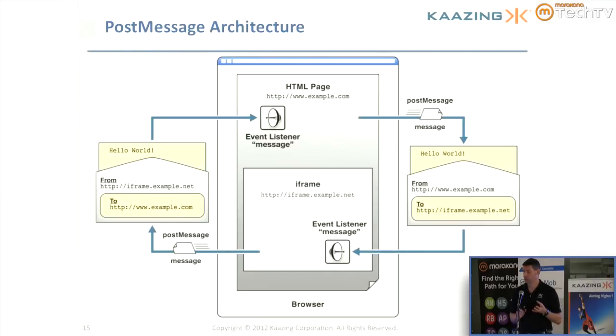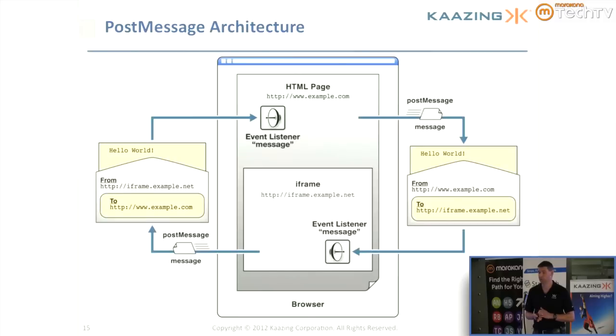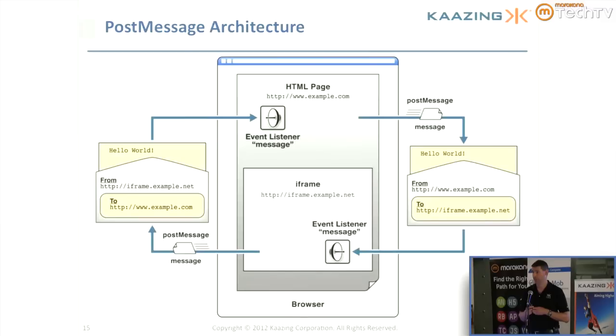So the PostMessage architecture is, you use PostMessage to send a message. Now, on the receiving end, you need to add what is known as an event listener for messages that are coming in. And there's a couple of gotchas there. When you send a message in JavaScript, you use the PostMessage API, you send the message and you pass in the target origin, as you can see there.